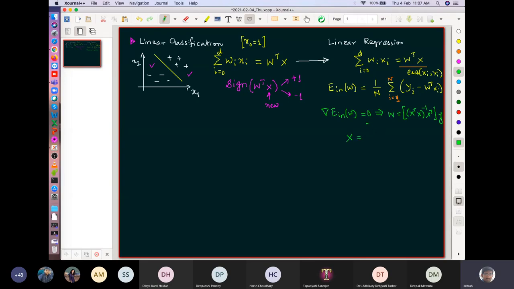Here, x has each of the training example's attribute values transposed as its rows. So I have all these capital N training examples, and y holds the output values for each of the training examples. It's an N-row, one-column vector: y1, y2, up to y capital N. And this is a one-shot thing.